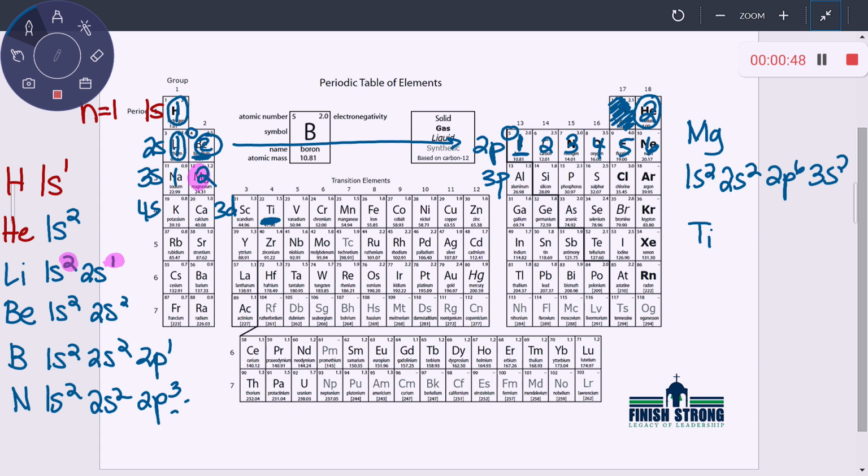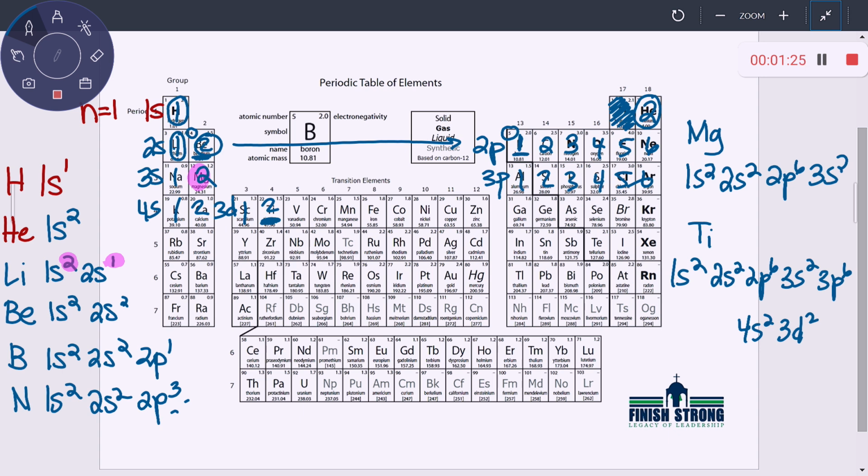What do you think the electron configuration would be for titanium? 1s2, 2s2, 2p6, 3s2, 3p6, 4s2, 3d2. Because you go through here: 3s2, 3p 1, 2, 3, 4, 5, 6, 4s 1, 2, 3d 1, 2.